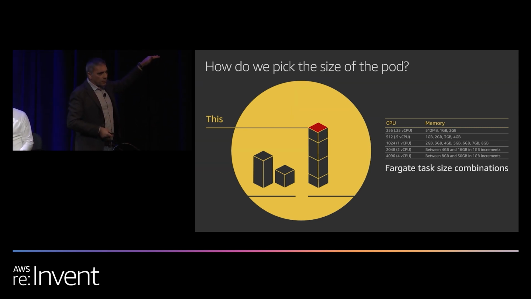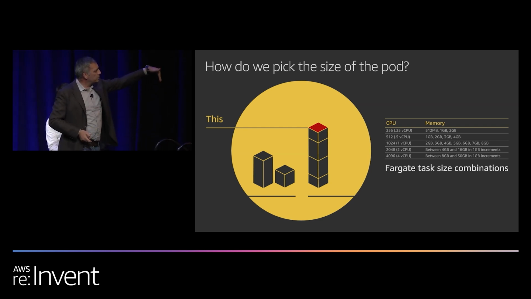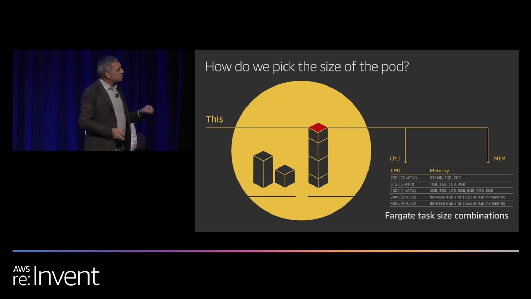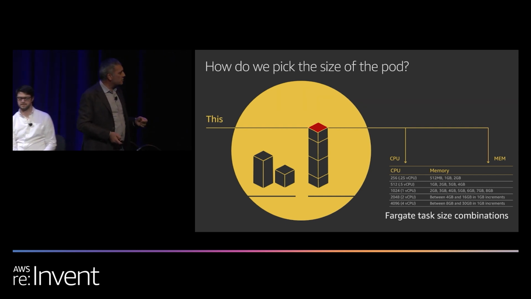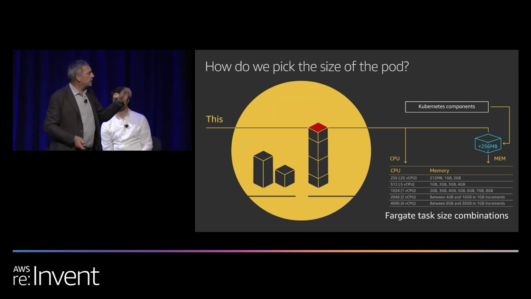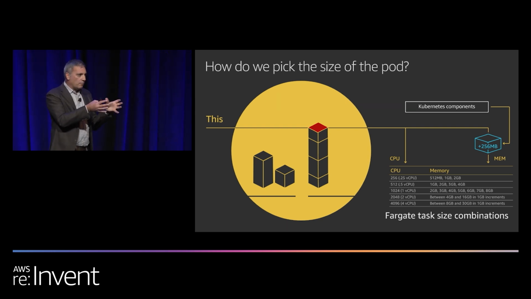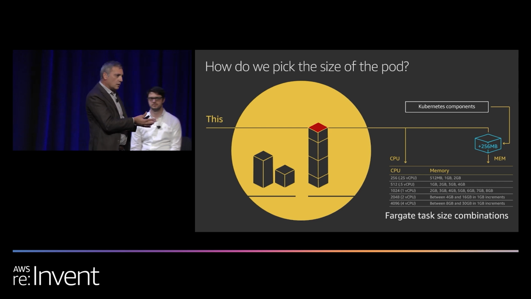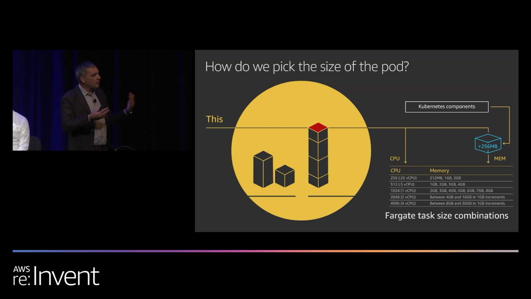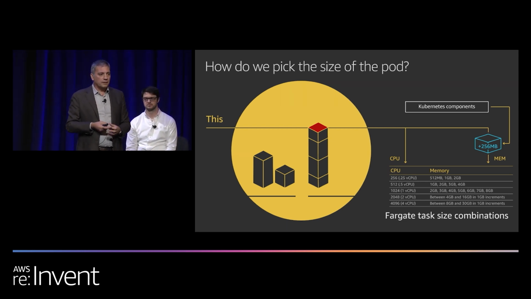So we use that number, actually 2 numbers, 1 for CPU and 1 for memory, and we go through this table to create this combination. We do one additional thing before doing the magic, which is we add 256 megabytes of memory to that sum for the Kubernetes components. Because within that pod, we also run the kubelet and everything, which takes up some memory that we need to guarantee for the kubelet to be able to run in that node.